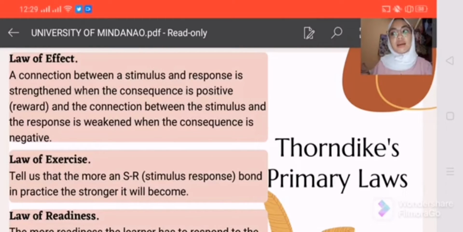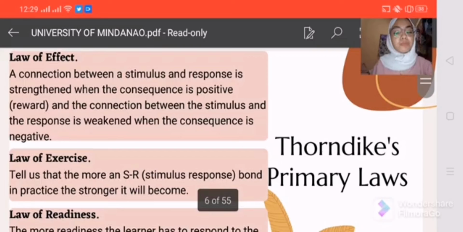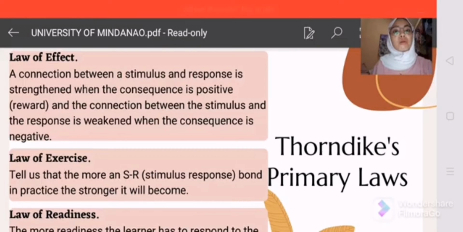May estudyante na very extrovert, may estudyante na very introvert, and students show this behavior. What will be the consequences? Like for example, a student na very introvert, hindi siya nakikisalamuha, hindi siya nag-participate sa klase.